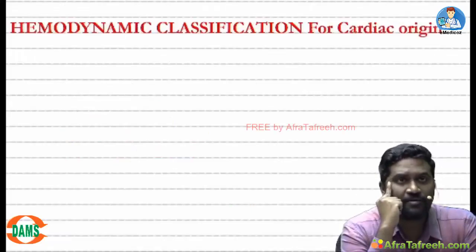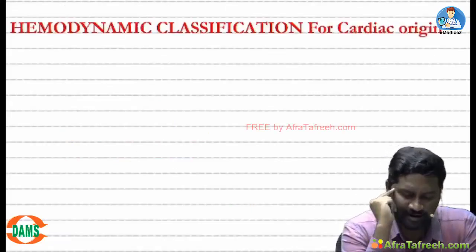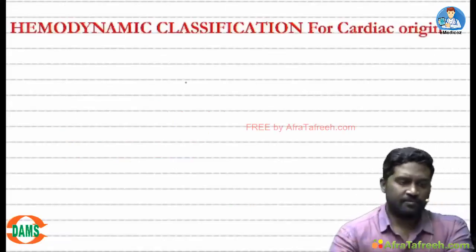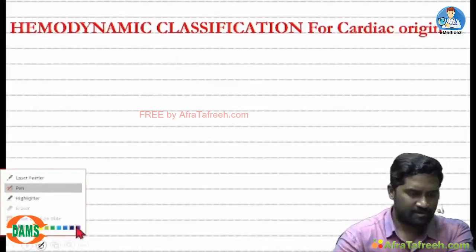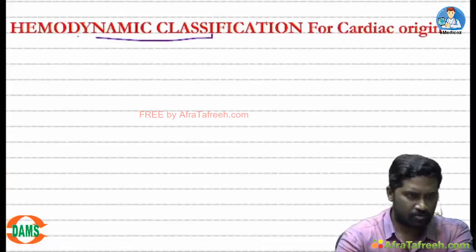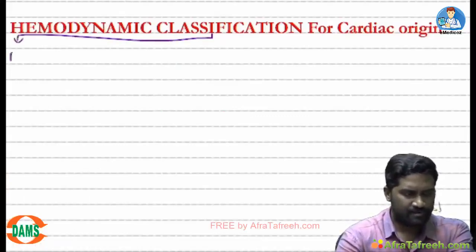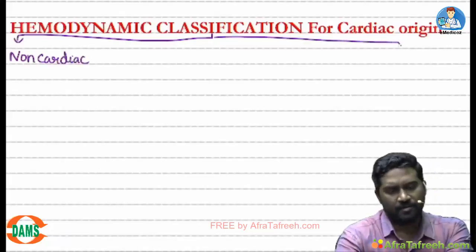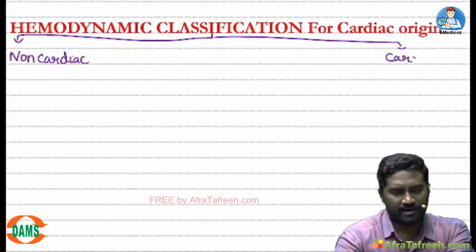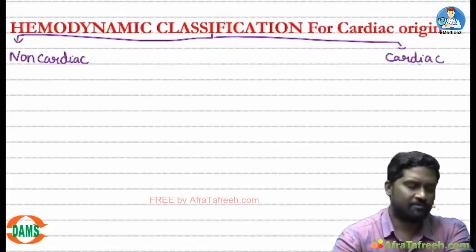Apart from this, there is another classification for pulmonary hypertension. It is the hemodynamic classification for cardiac origin. Depending upon the cardiac origin, pulmonary hypertension is classified into two groups: those without cardiac origin, non-cardiac pulmonary hypertension, and those because of a cardiac disease, cardiac pulmonary hypertension.